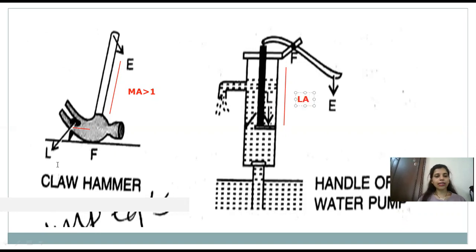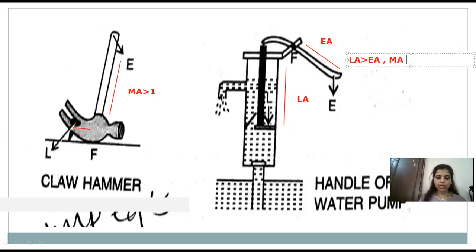And this particular length is the effort arm. So this is EA. So if you observe, as the load arm is longer than the effort arm, therefore MA is less than 1.